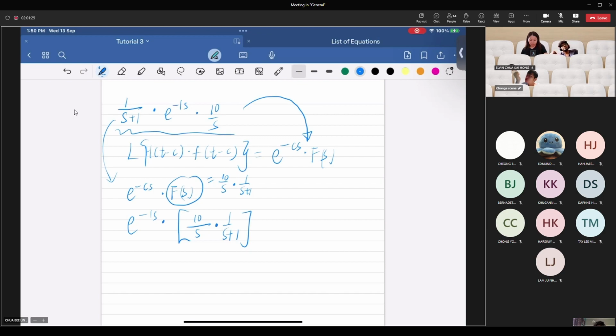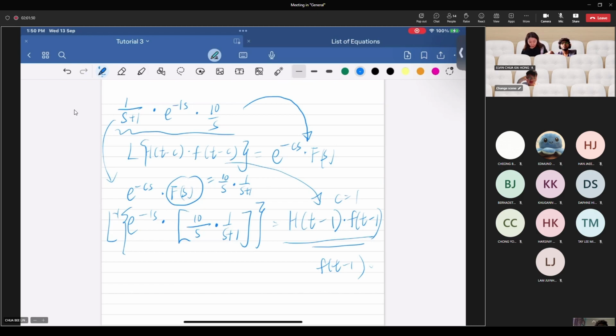Then you can have the inverse Laplace of this equivalent to h(t minus 1) dot f(t minus 1), where your c equals 1. We want to get this one, but before that, this is f(t minus 1), and the whole thing here is your F(s).